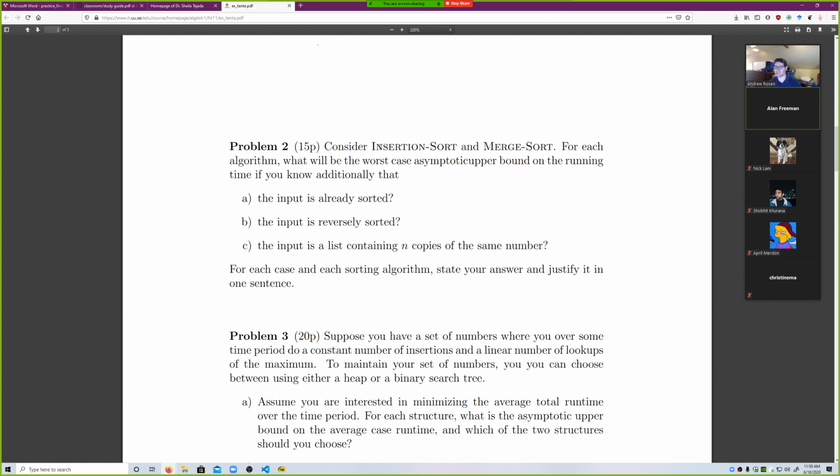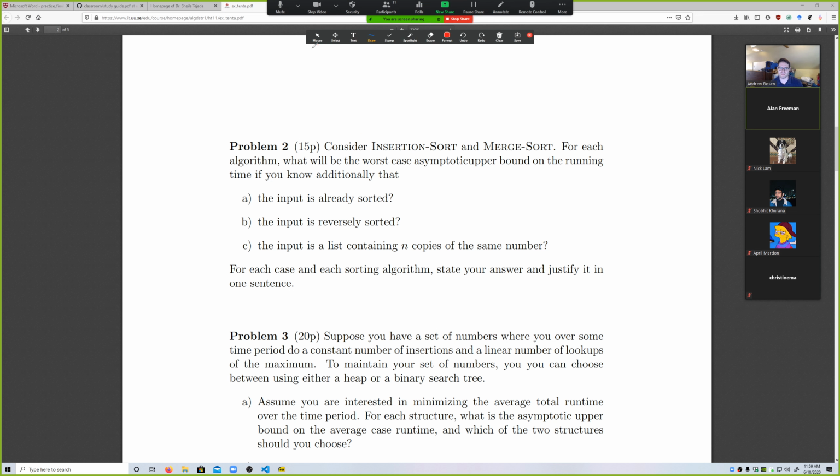Now let's look at insertion sort. What happens with insertion sort if we've got a sorted input? I think it would be constant time, right? Not constant, sorry. Linear. Yep, because we'd start with 2.